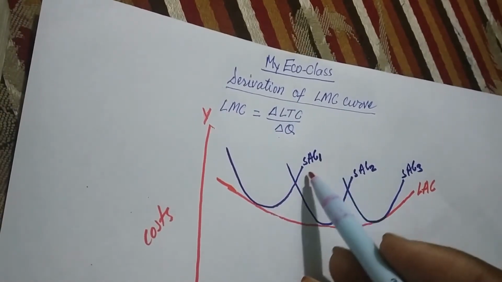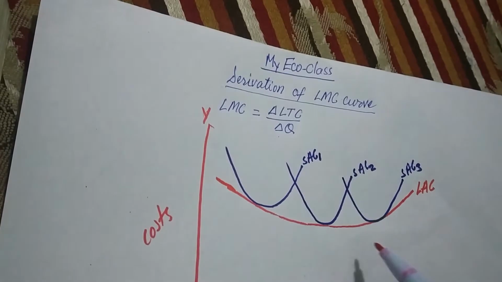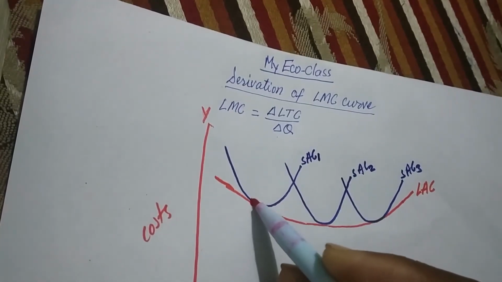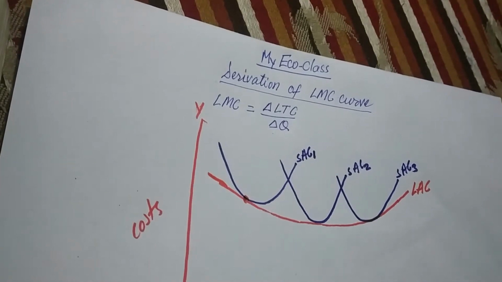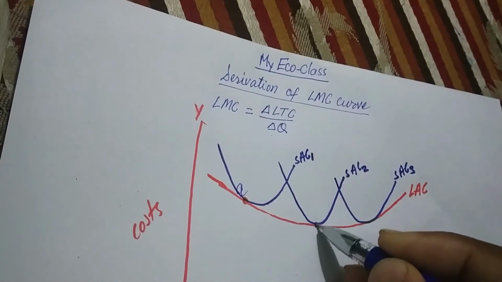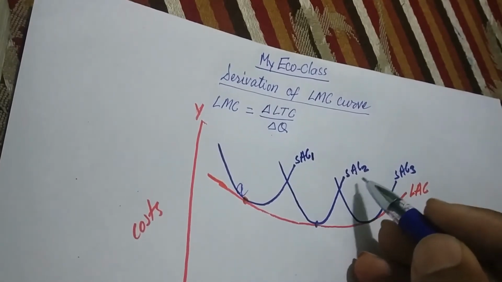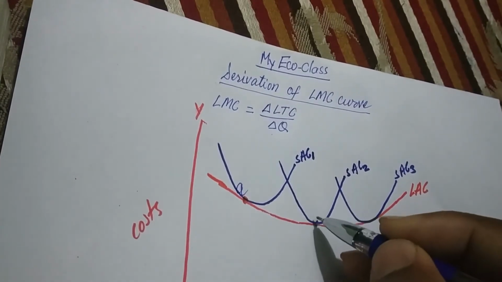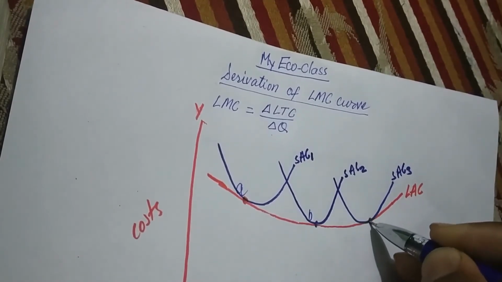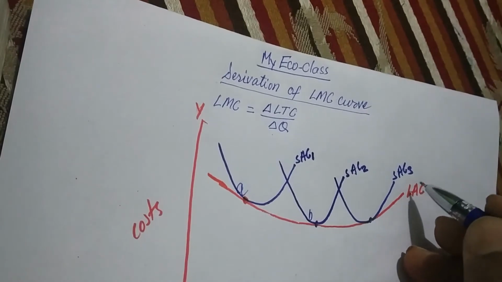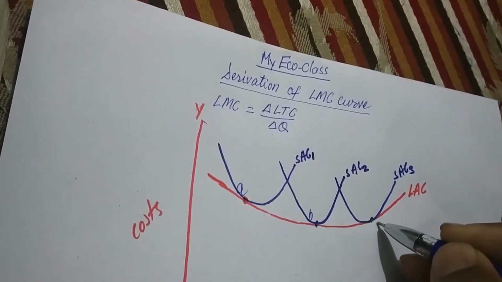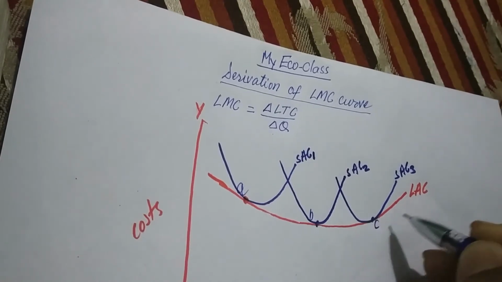The point of tangency between short run average cost curve 1 and long run average cost curve is denoted by point A, and the point of tangency between short run average cost curve 2 and long run average cost curve is denoted by point B, and the point of tangency between short run average cost curve 3 and long run average cost curve is denoted by point C.